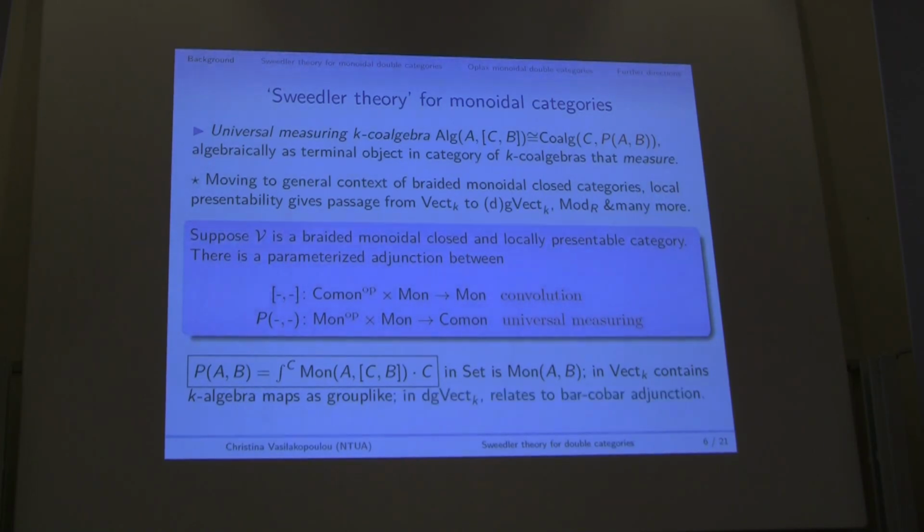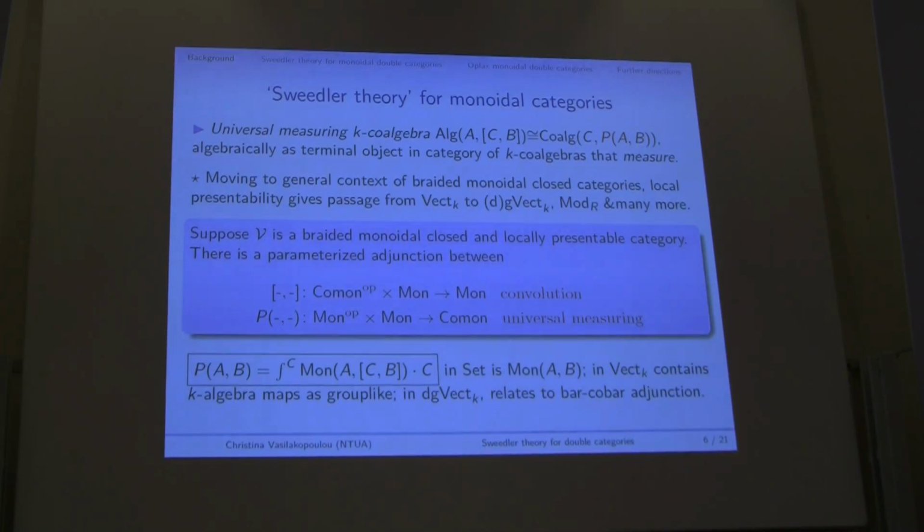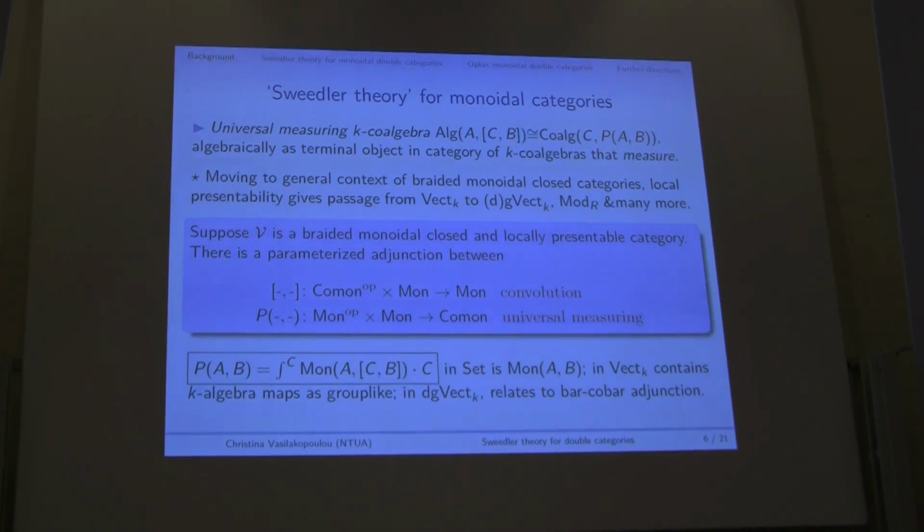And finally, where I took the name Sweedler theory, I don't know if people like it, but there is a manuscript by Anel and Joyal back in 2013, which is called Sweedler theory for coalgebras in the Bar-Cobar construction, where they show that these two functors, these adjoint functors, along with the third parameterized adjoint and some tensor products and internal homs, are related to various algebraic constructions in the Bar-Cobar adjunction for coalgebras, and they wanted to understand better Koszul duality, essentially.